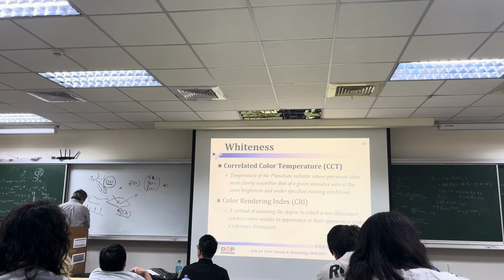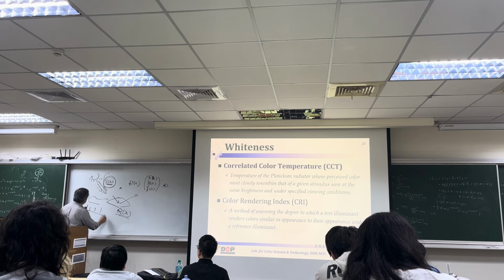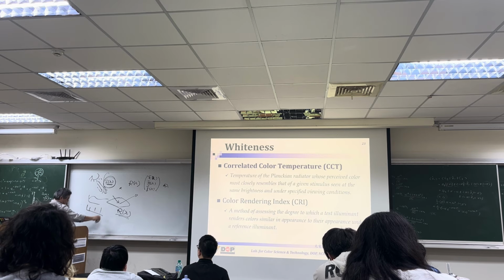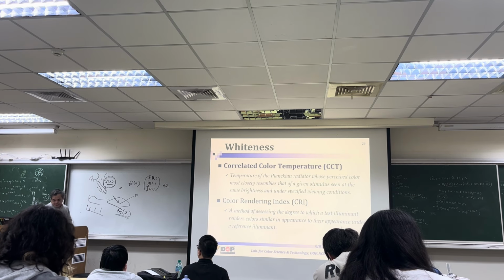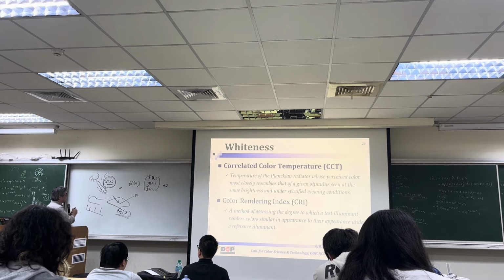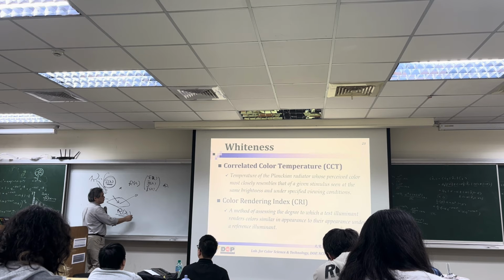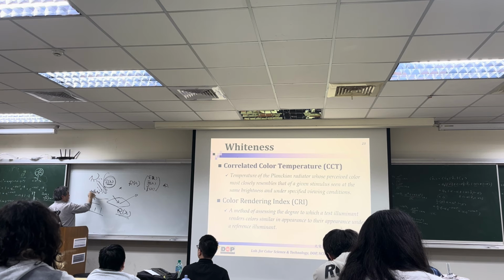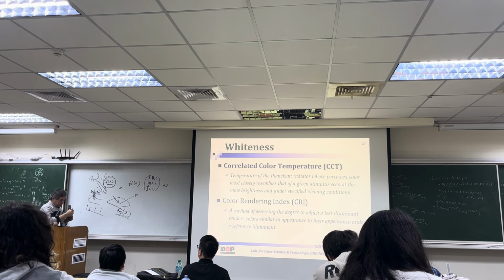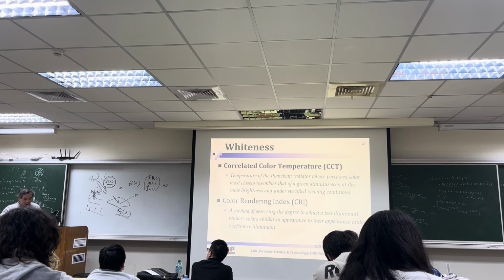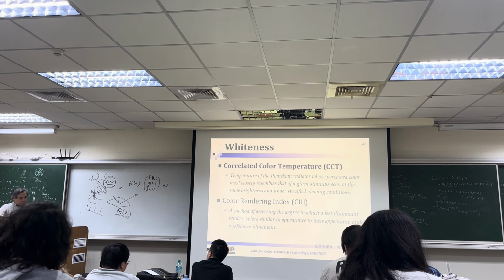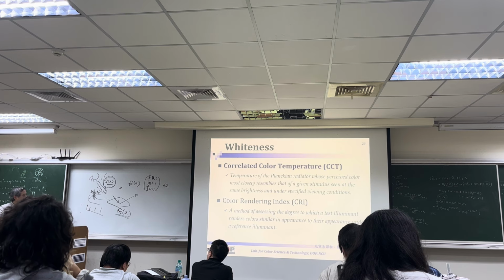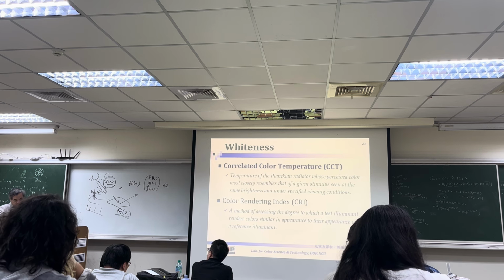So how to describe it? We need a broadband light source. For a broadband light source, the color looks more like white. So what is white? White means every wavelength has some energy.